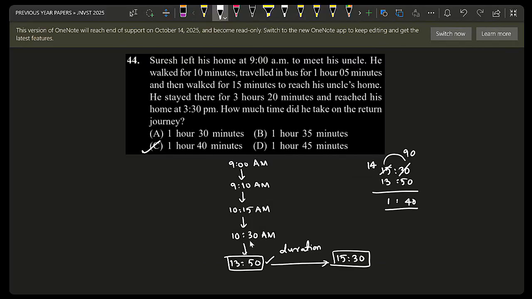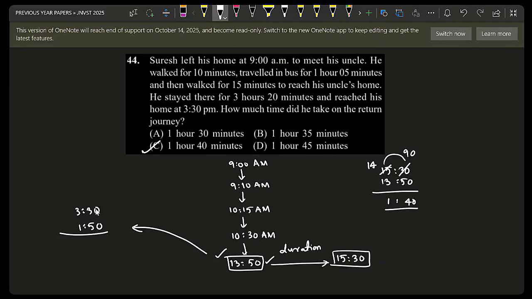Without converting into 24-hour clock also we can do. This 13:50 you can convert into 12-hour clock, that will be 1:50 p.m. So 1:50 p.m. he started to his house and 3:30 p.m. he reached. From 3:30 you have to subtract 1:50. Again the same type of difference.